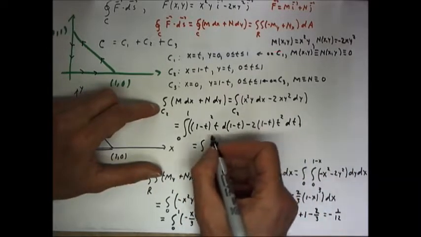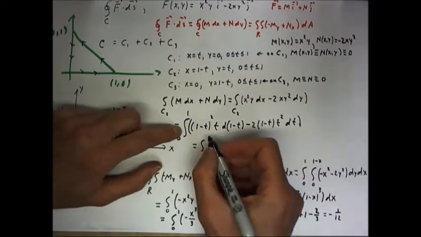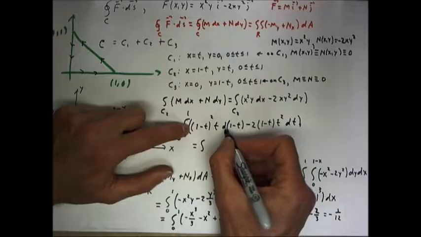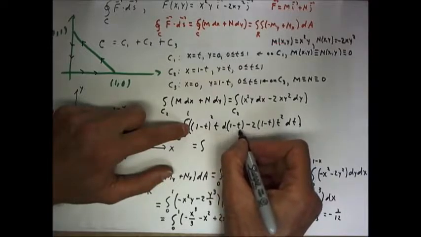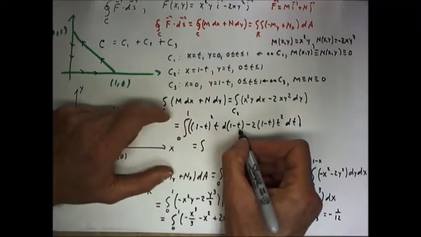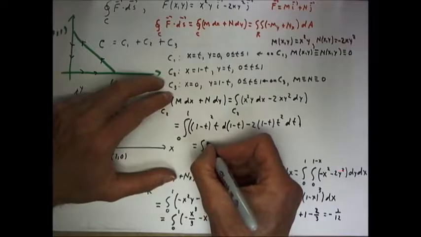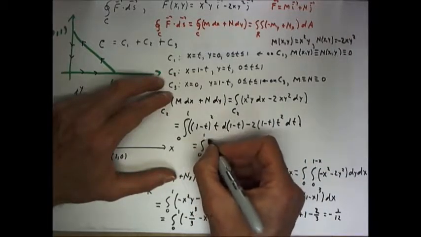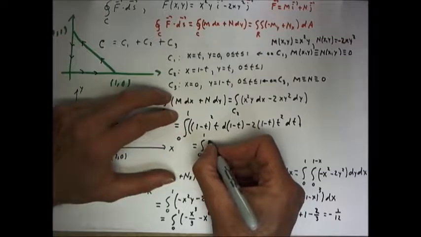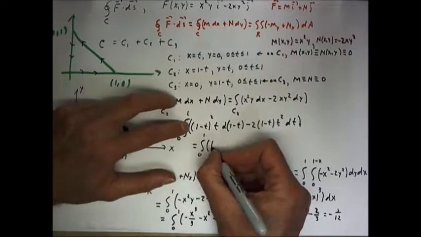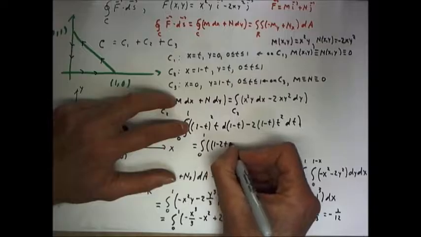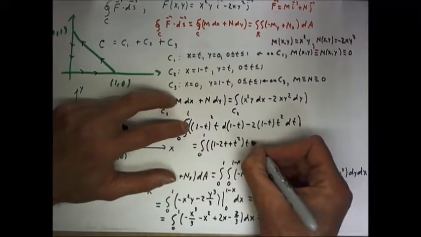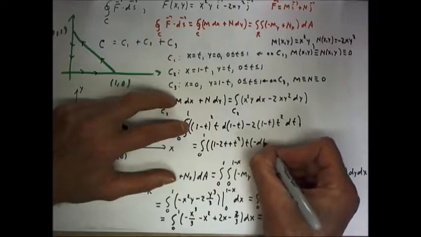And now if we expand this carefully, we're going to have 1 minus t quantity squared times t, and the differential of 1 minus t is going to be negative dt. Let's write out the intermediate step. I have the integral from 0 to 1 of the quantity 1 minus t quantity squared, which is 1 minus 2t plus t squared, times t times negative dt.